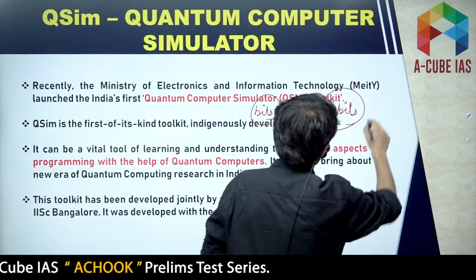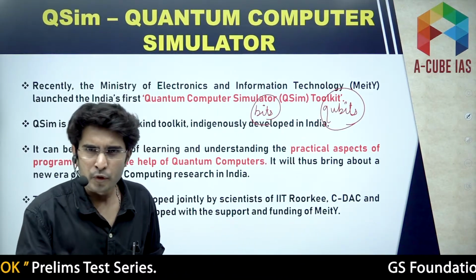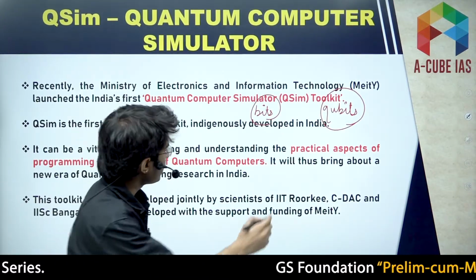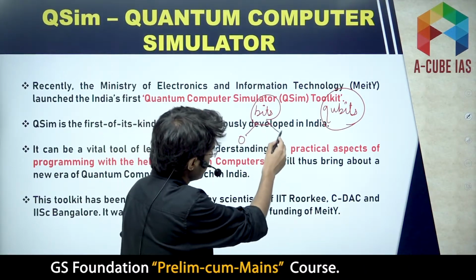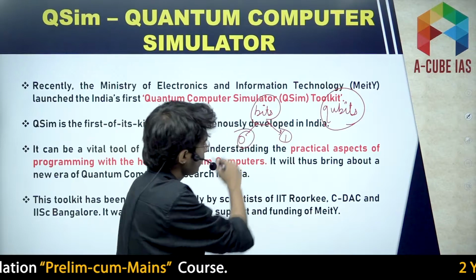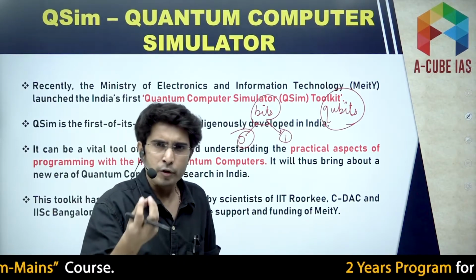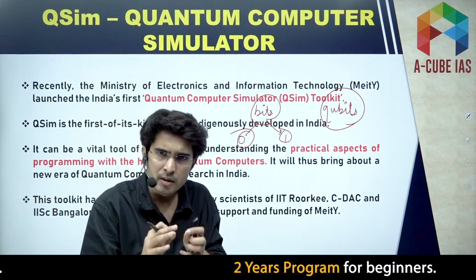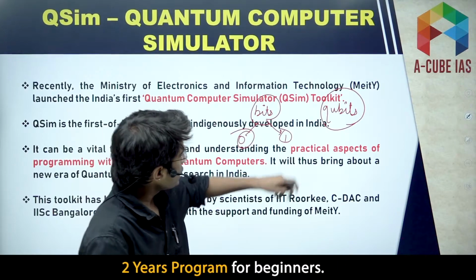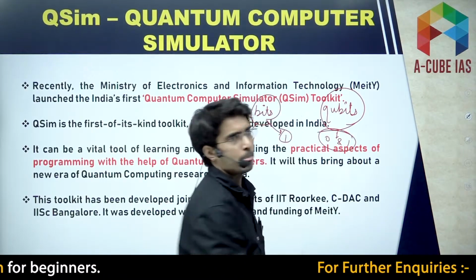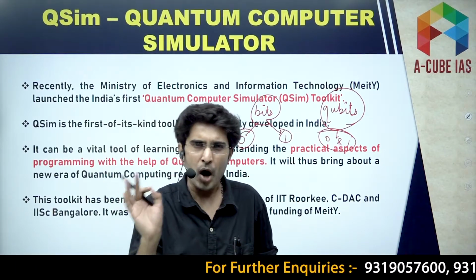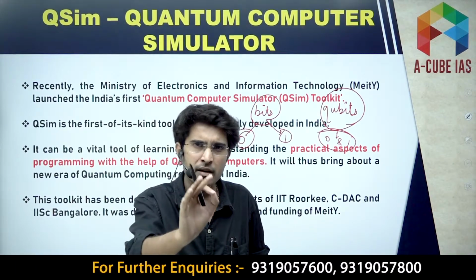Classical computers can store either 0 at a time or 1 at a time. However, qubits, it means quantum computers, can store 0 and 1 at the same time. So that's why processing is relatively faster.